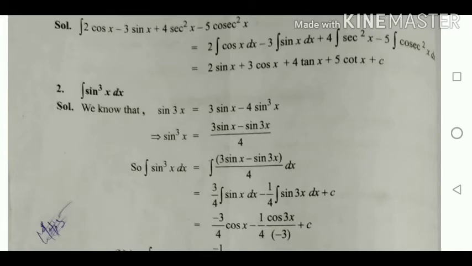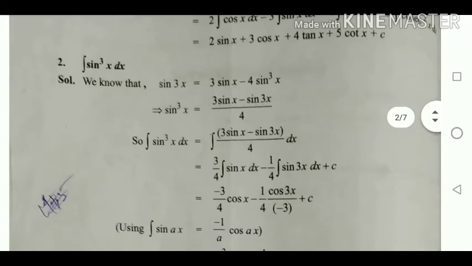Now integrate this. Integration of sin cube x dx equals integration of 3 sin x minus sin 3x divided by 4 dx. Here 3 and 4 are taken as common. So 3 by 4 sin x, integrating sin x, we get minus cos x. Likewise minus 1 by 4 sin 3x, we get cos x by minus 3. Okay.